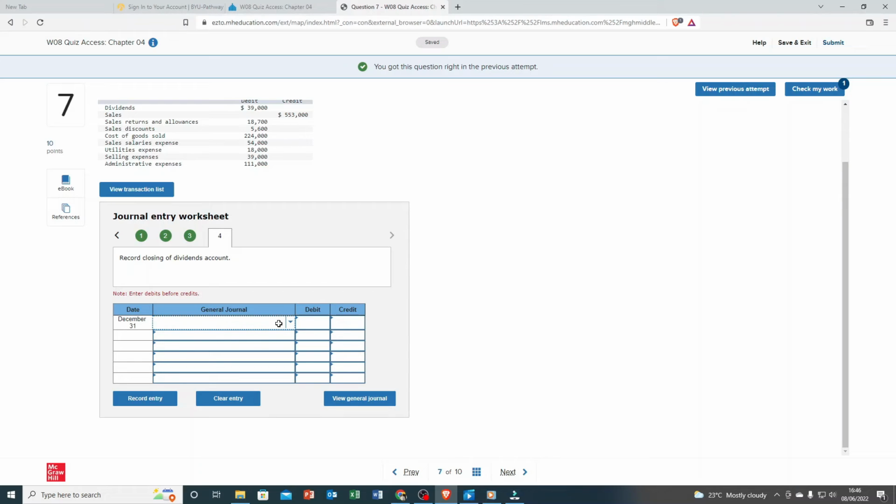The last one we are going to record is the closing of the dividend account. In the dividend account, we already have the dividend, so we're going to have retained earnings. Retained earnings is going to be 39,000.